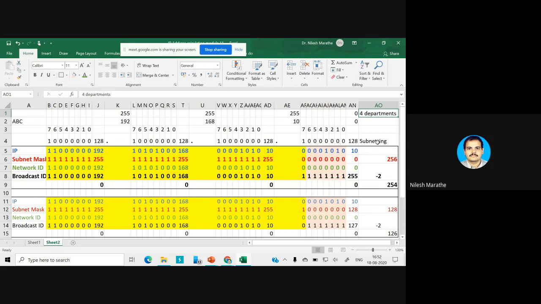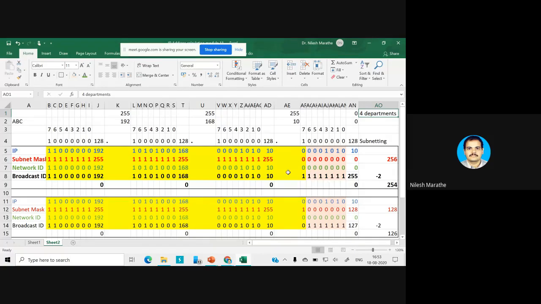So how many combinations of binary bits are required to represent 4 values? मुझे 4 नंबर रिप्रेजेंट करने हैं, तो मुझे बाइनरी के कितने बिट्स लगेंगे? 2 bits. 00, 01, 10, 11. Yes or no? Are you getting? Yes, sir.